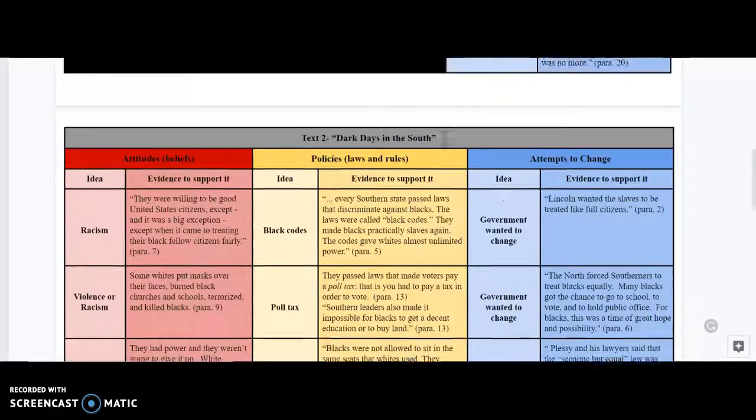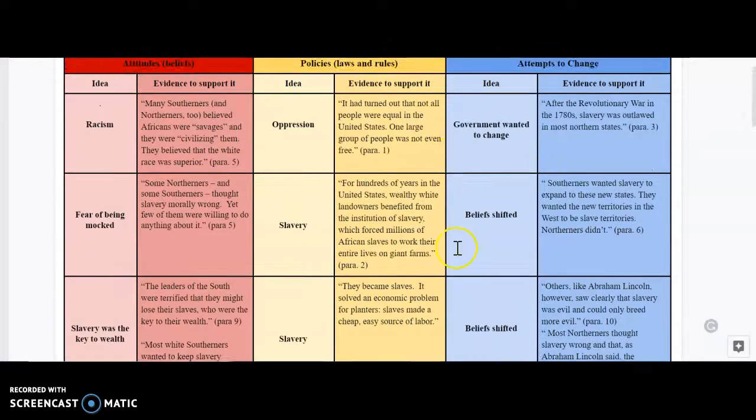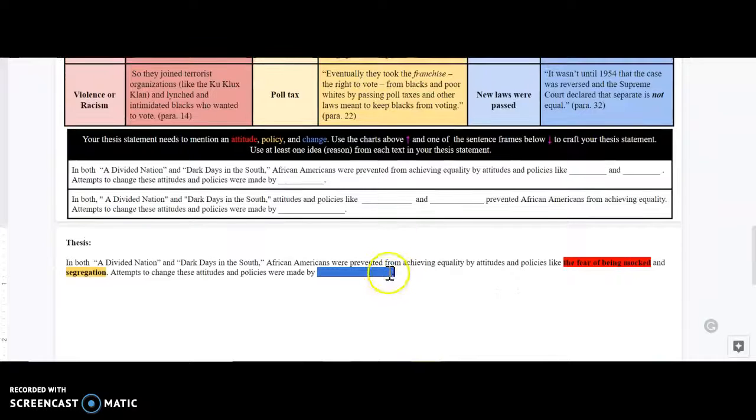Abolitionists, new laws are passed, government wanted to change. Government wanted to change, beliefs shifted. I'm going to go with government wanted to change.